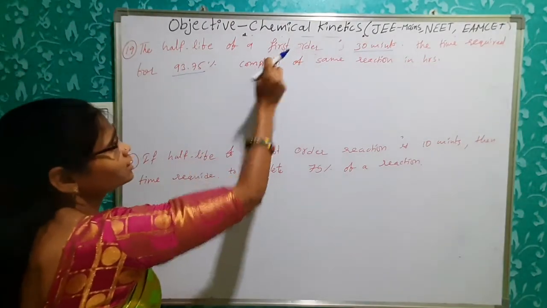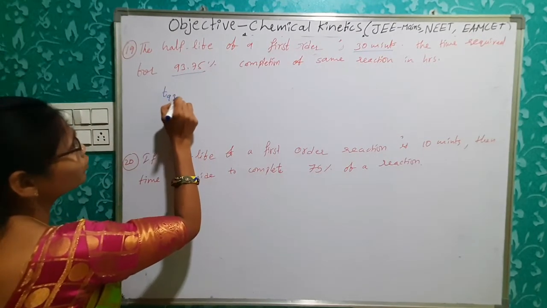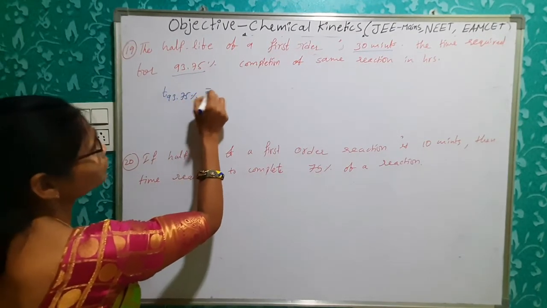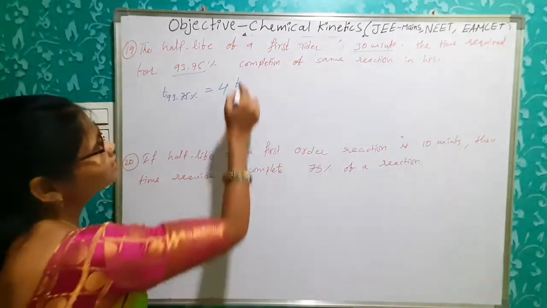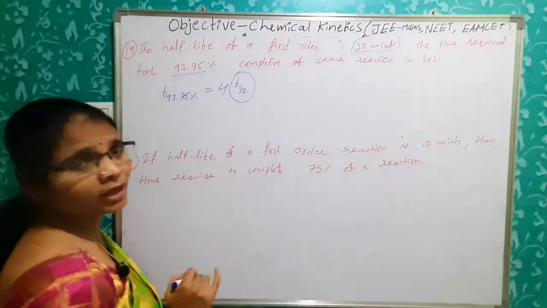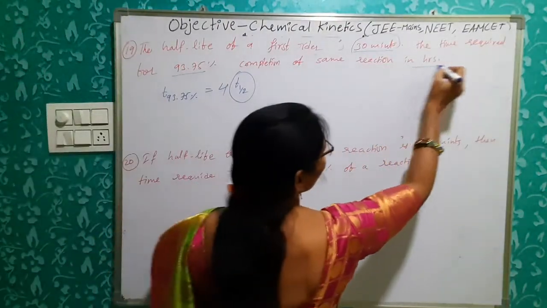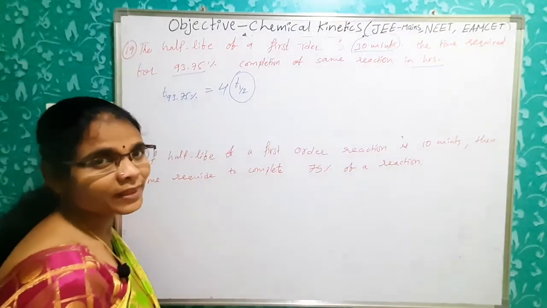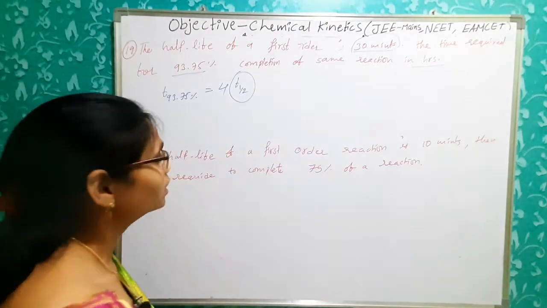For 93.75% completion we need 4 T halves. T half is given, so simply multiply with 4 and you will get the answer. But that answer is in hours, so convert the minutes into hours. That is the hint.